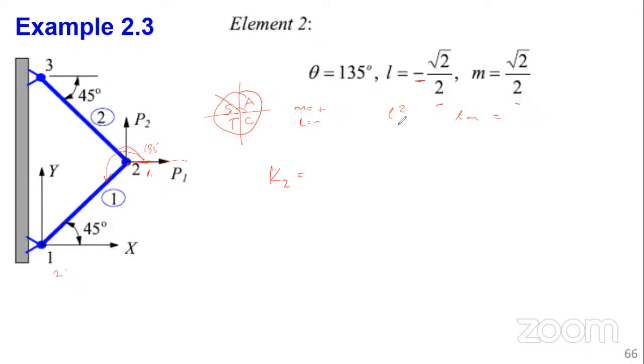So when you do the pre-multiplication, of course, again, we can factor in. If you square this, you're going to get this as halves. You can factor out the 2. So in the same manner, we're going to get EA over 2L.